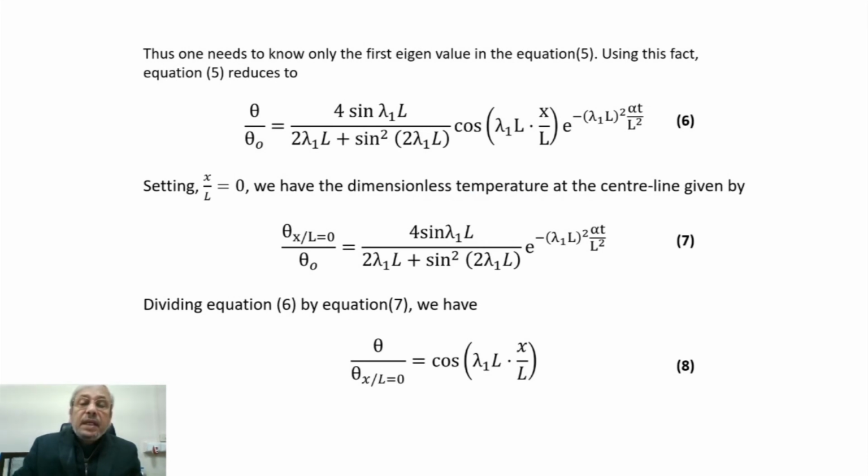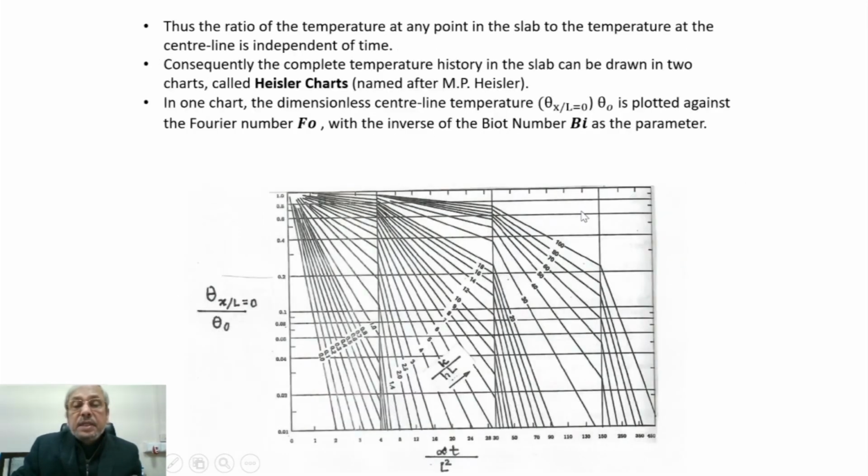So basically, as we have already found out, theta by theta naught is given by equation 6, theta at x by L equal to 0 by theta naught is given by equation 7, and theta by theta at x by L equal to 0 is given by equation 8. These are the final conclusions, and those are summarized in the form of these two charts, which are called Heisler charts.